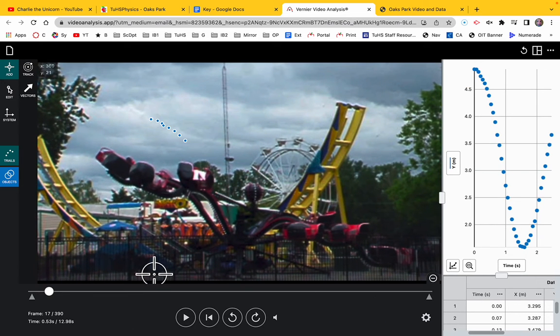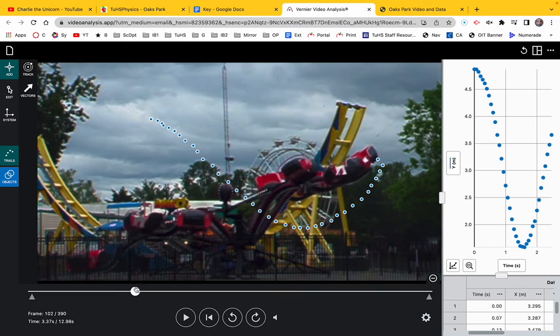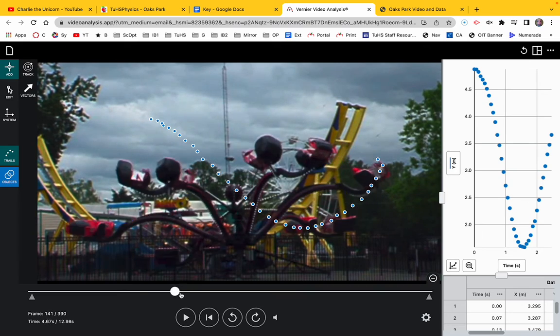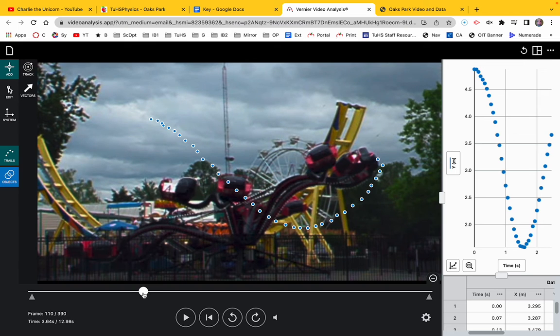Let's find a spot where something's going over the top in front of us. Okay, there it is, right there. See that guy? This guy is going right over the top for us. So let's go.